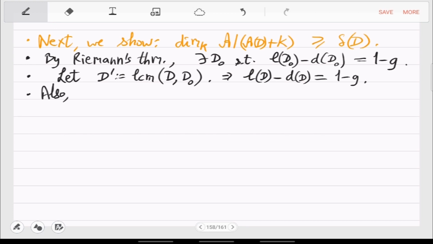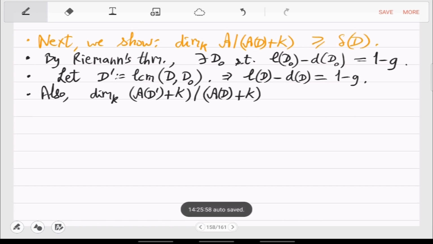So now let us look at the previous calculation, which is ED prime plus K mod AD plus K. We had shown that this is the same dimension as the dimension you are interested in, E mod AD plus K. No, sorry, it's not the same, this is something else.